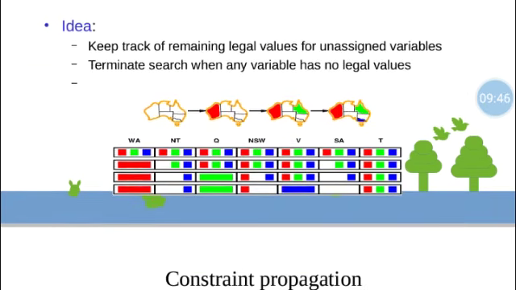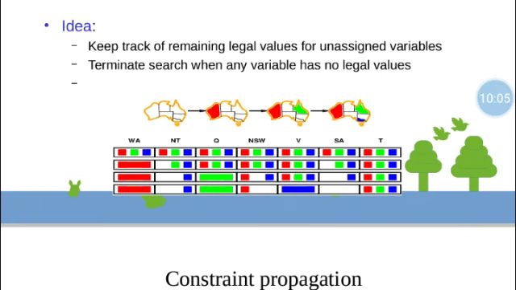Now so our colors are, as per previous slide, Western Australia is red, Northern Territory is blue, Queensland is green, New South Wales is red, Victoria is blue.